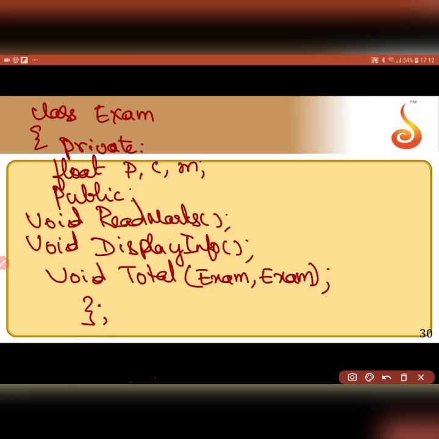Today in class we did arrays as a part of the class, and then the size of operator, creating a student database by array of objects, and then passing arguments.